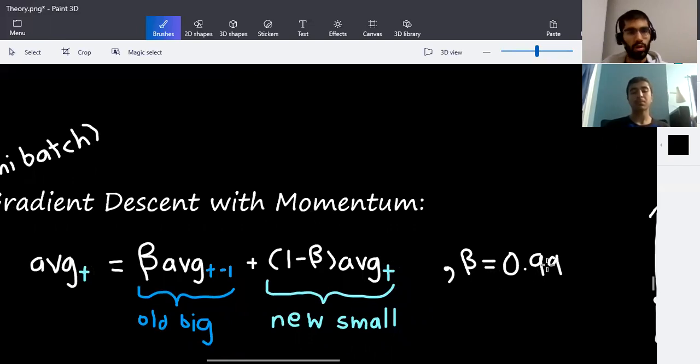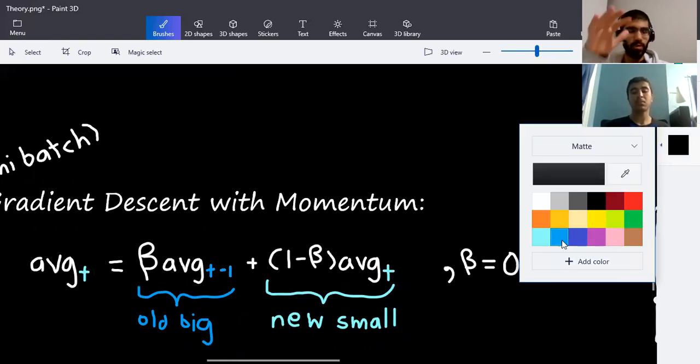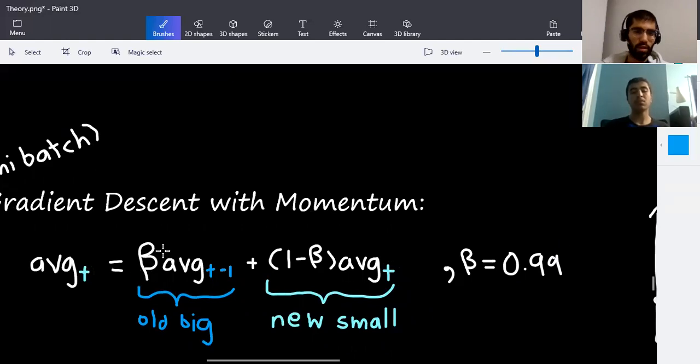Beta is always close to 1, almost always about 1, not exactly 1. And then 1 minus beta becomes about 0. So the old average, the old value that we have, turns out being big because we're multiplying it by almost 1. And the new value that we're getting becomes very small because we're multiplying by almost 0.